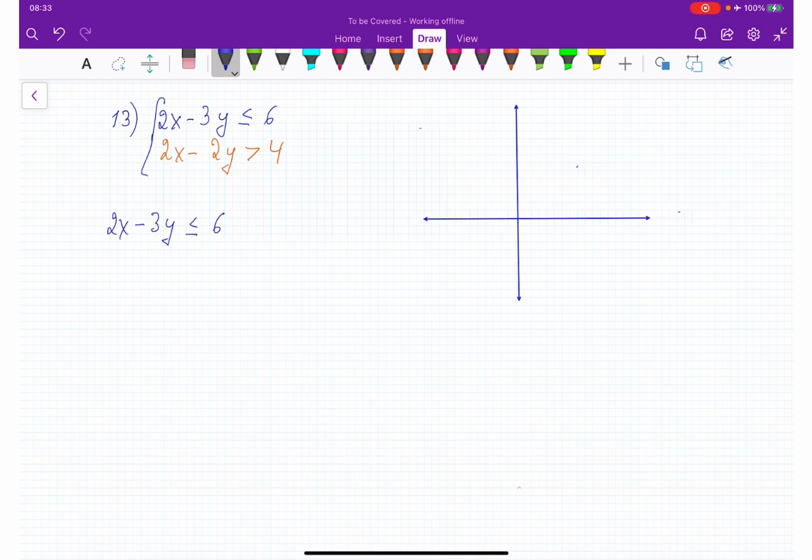So first of all, we have 2, 3, and 6. For me, it's easier to work with intercepts. X is equal 0, how much y will be, then y is equal 0, how much x will be.